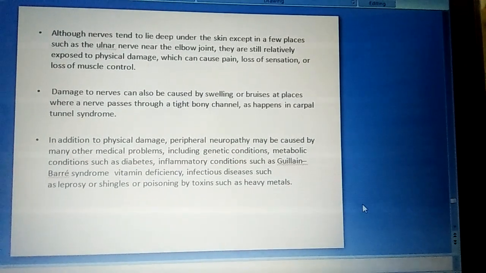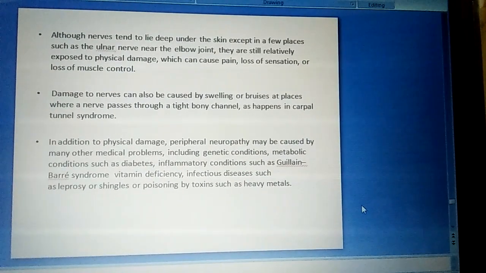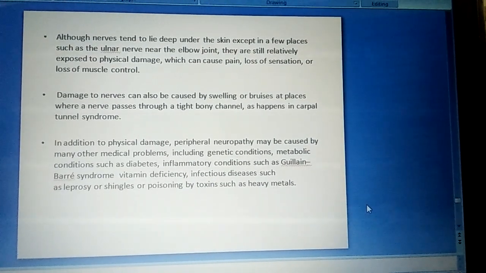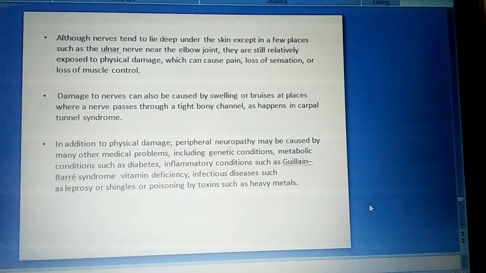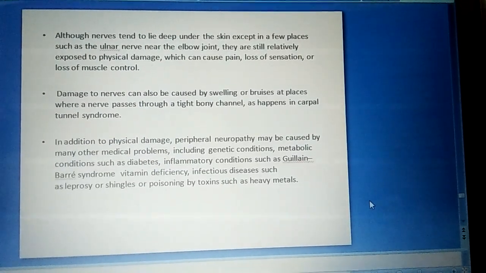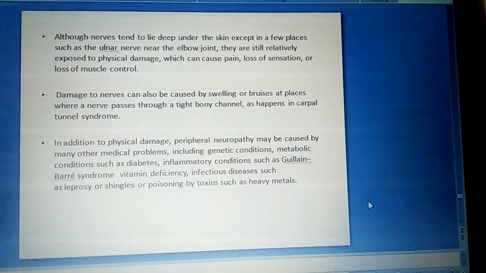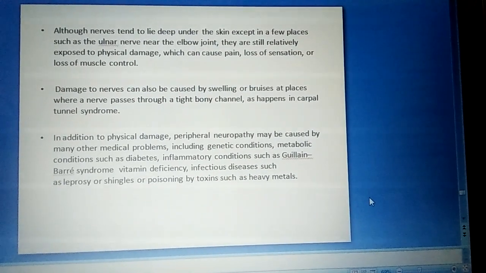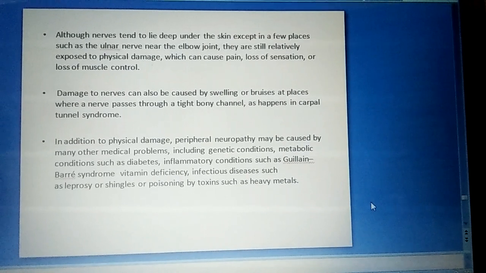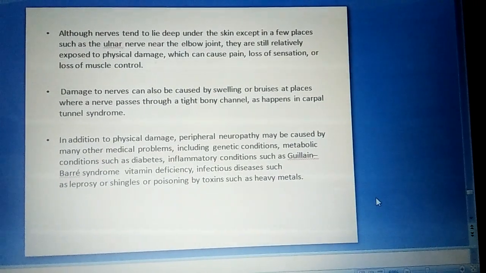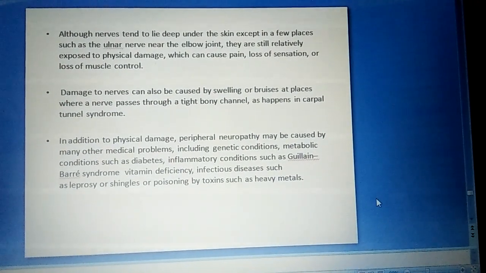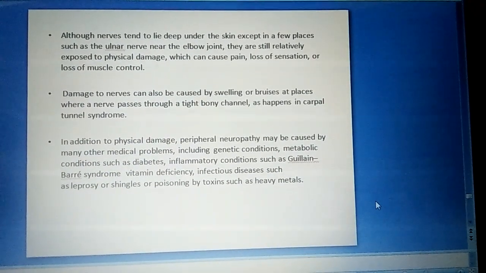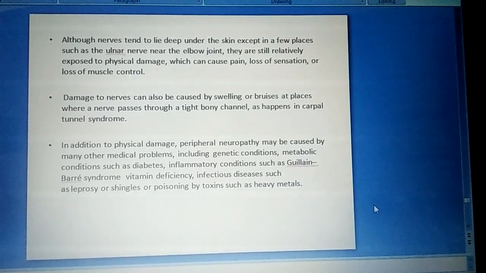Although nerves tend to lie deep under the skin, in a few places such as the ulnar nerve near the elbow joint, they are still relatively exposed to physical damage, which can cause pain, loss of sensation, or loss of muscle control. Damage to nerves can also be caused by swelling where a nerve passes through a tight bony channel, as happens in carpal tunnel syndrome.